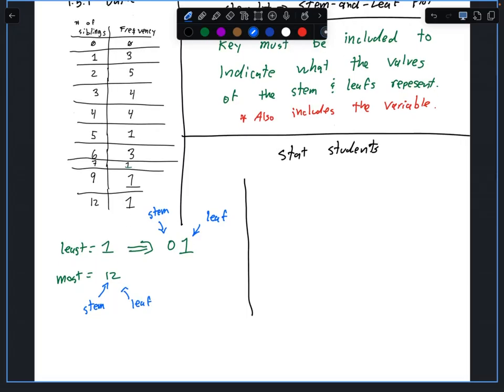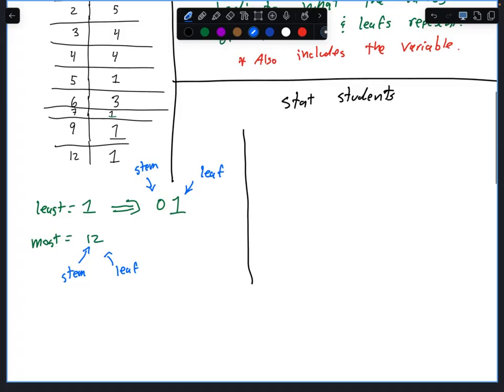Now we want to pay attention to the stem. What is the lowest value of the stems? 0 is the lowest stem, signifying single digits. What is the largest value for the stem?